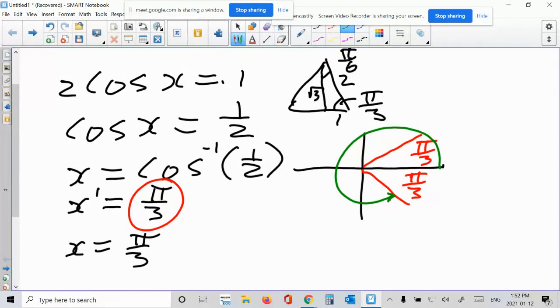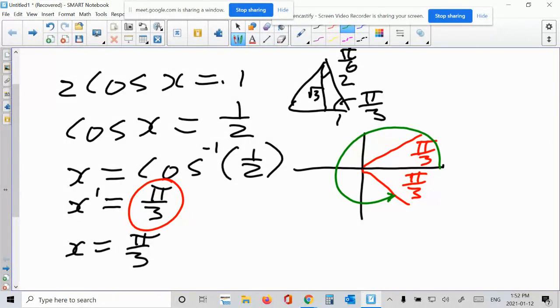If I start at 0 and I go through the first, through the second, through the third, I end up somewhere in the fourth quadrant, I'm pi over 3 away from a full cycle. Can anybody suggest what that second angle is that I need to get for this answer? Anybody, not Quinn in particular, but anybody. I need a fourth quadrant angle. How would I get a fourth quadrant angle?